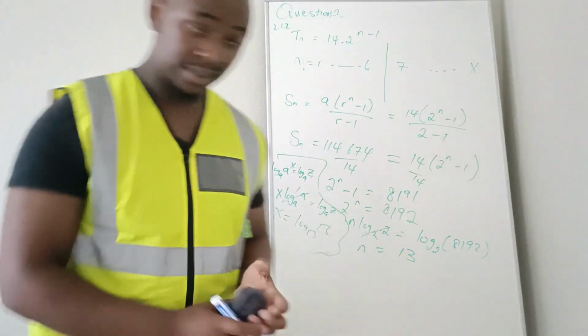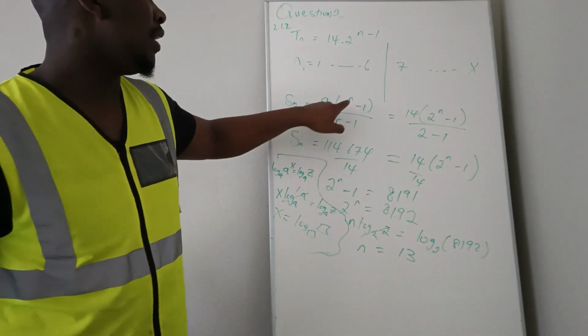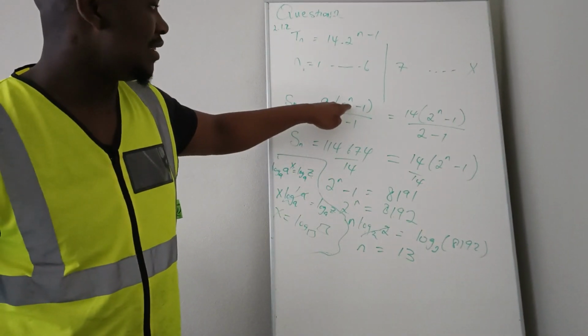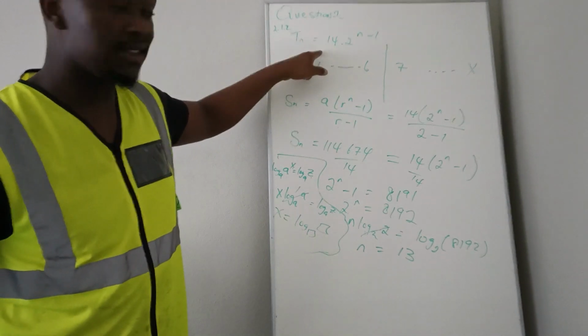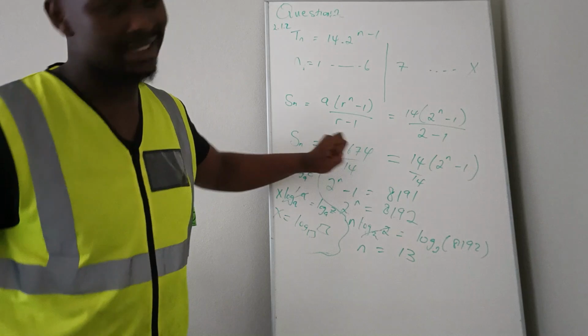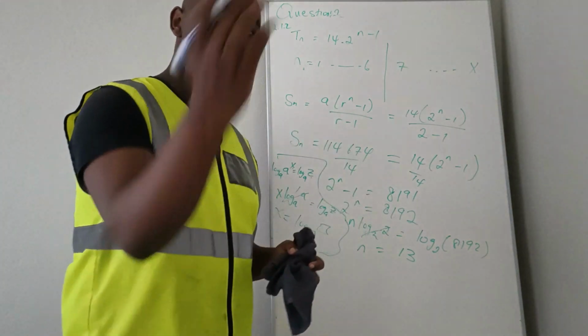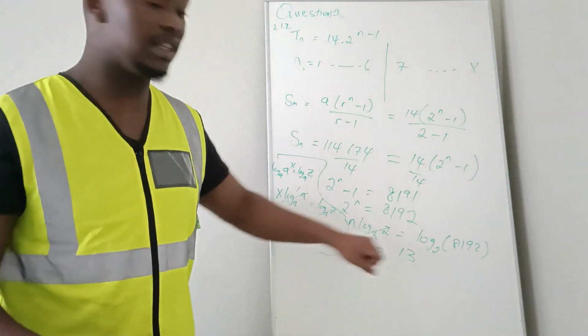What is that n? If we look at this equation, if we were to add 13 terms of this series, we are going to get 114,674. But we already have 6 terms, so how many terms will be added on top of the 6 to get to the 13?